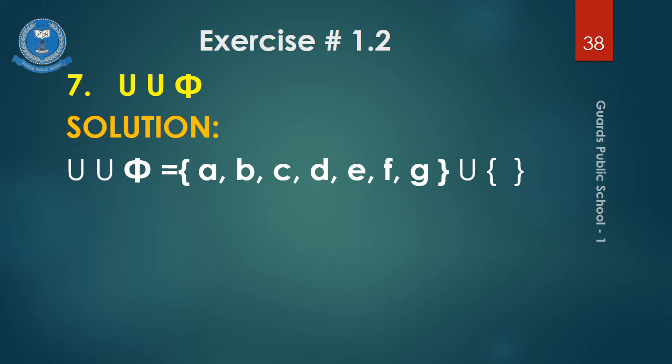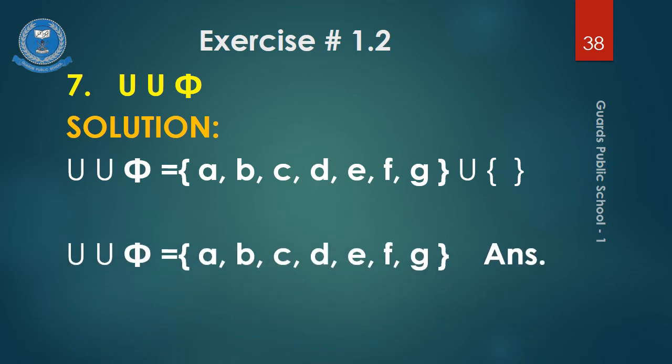Here the second set contains no member, means null set contains no member. All the members are in the universal set. Therefore, the answer for the union between universal set and null set is equal to A, B, C, D, E, F, G. Or you can also say that the union of the universal set and null set is equal to the universal set.